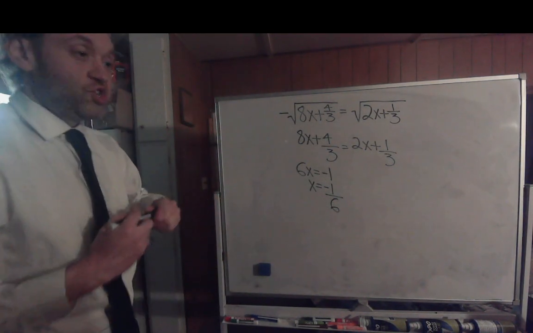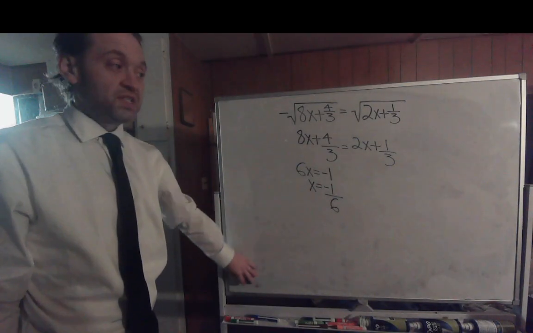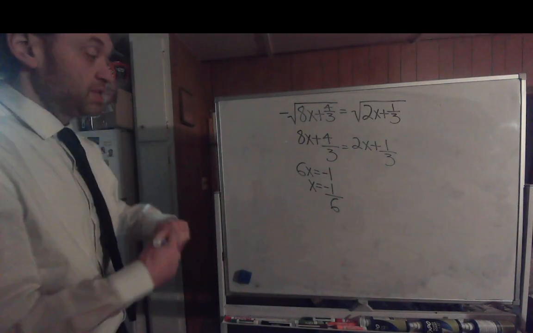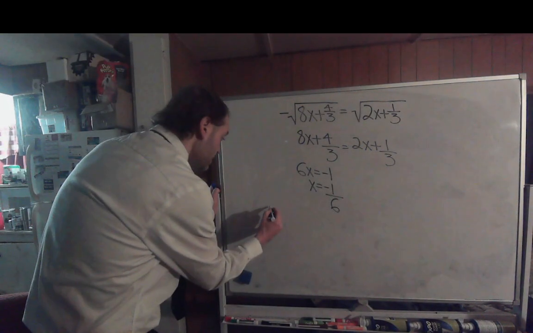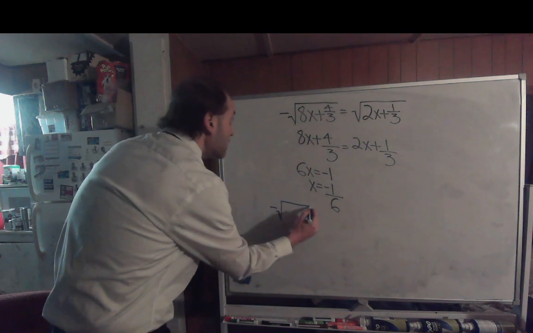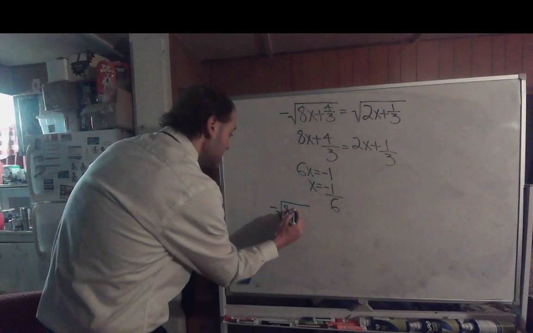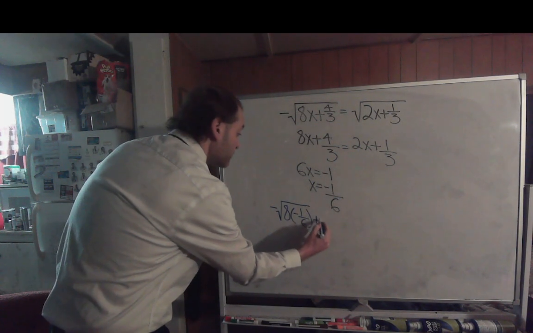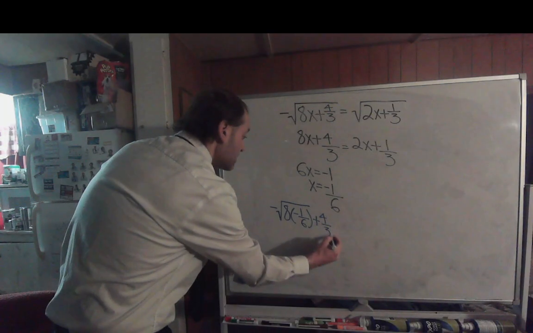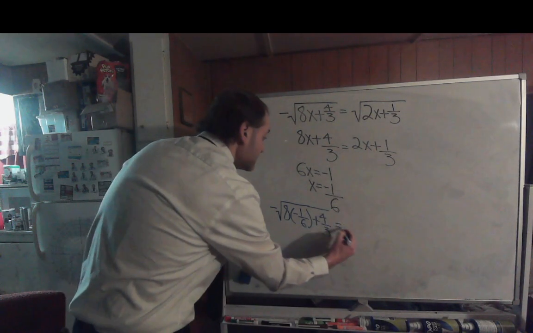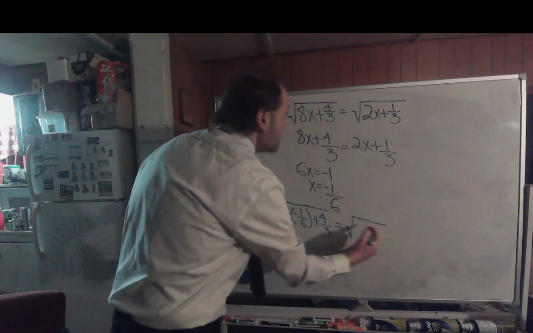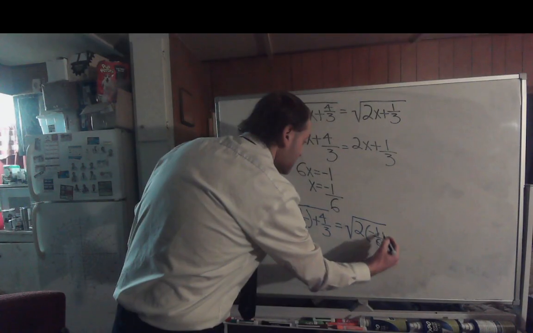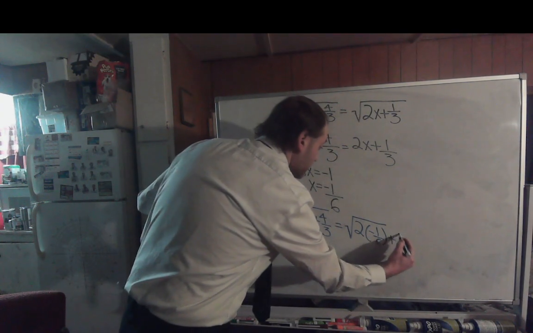But we have to make sure that x equals negative 1/6 is not an extraneous solution. So let's put this in here. You'll end up with negative of the square root of 8 times negative 1/6 plus 4/3 is equal to the square root of 2 times negative 1/6 plus 1/3.